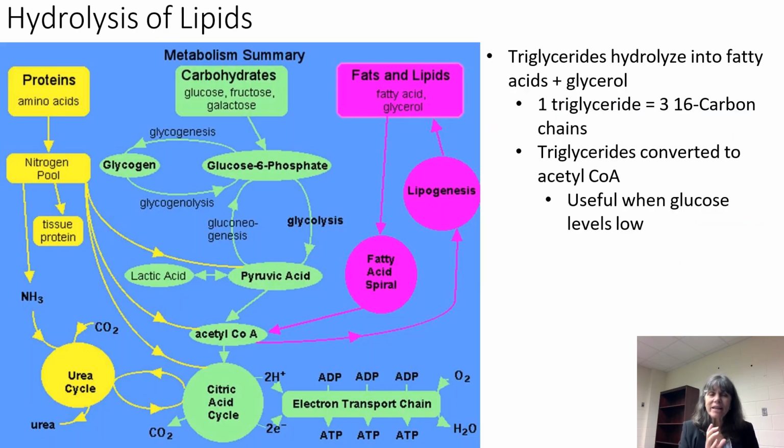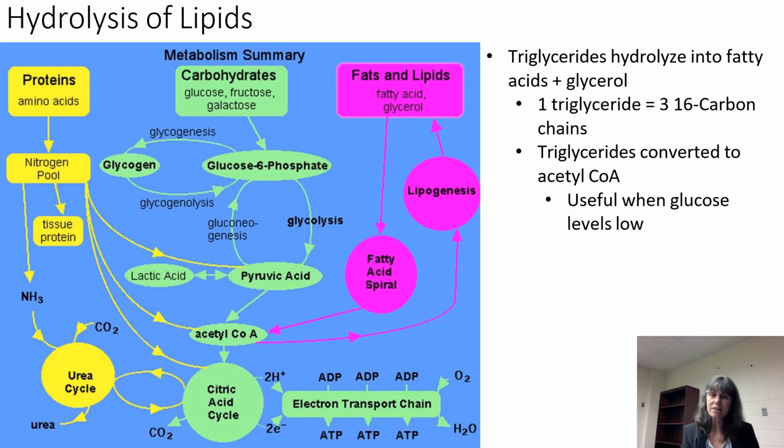When it comes to breaking down these lipids, triglycerides can be hydrolyzed using water to lyse, or break apart, into fatty acids and glycerol. Each triglyceride molecule consists of 3 fatty acid tails, which are basically 16 carbon long chains that have hydrogen atoms attached to their periphery.